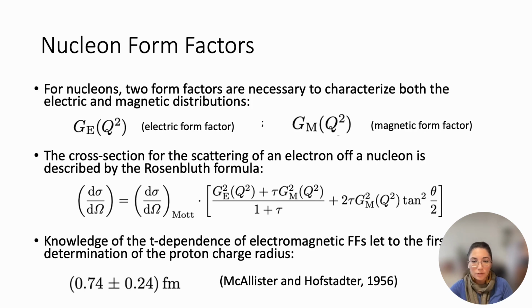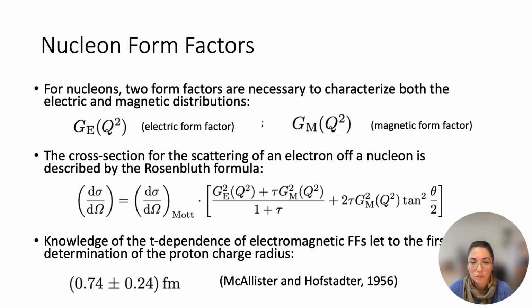So as we have come to understand up to this point, form factors contain all the information about the spatial distribution of the charge of the object being studied. And so for nucleons, 2 form factors are necessary to characterize both electric and magnetic distributions.